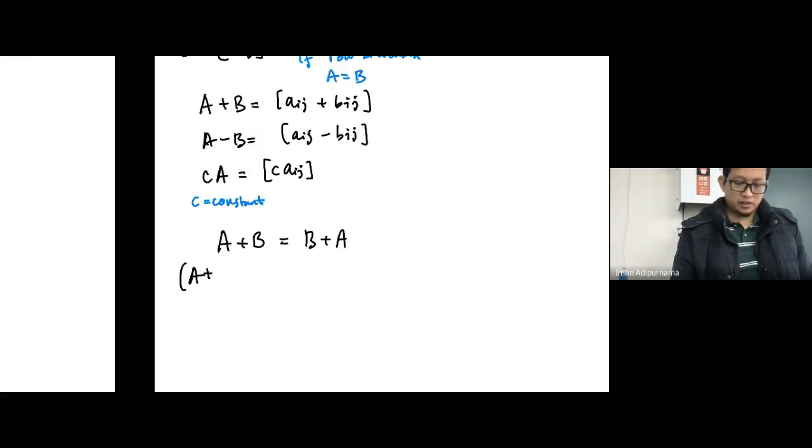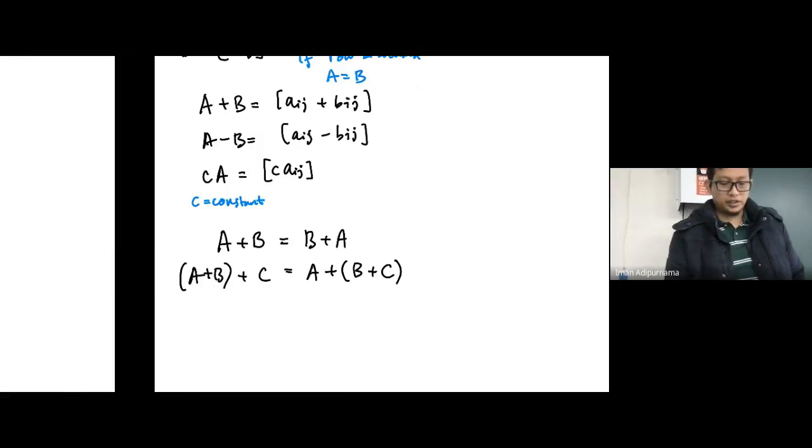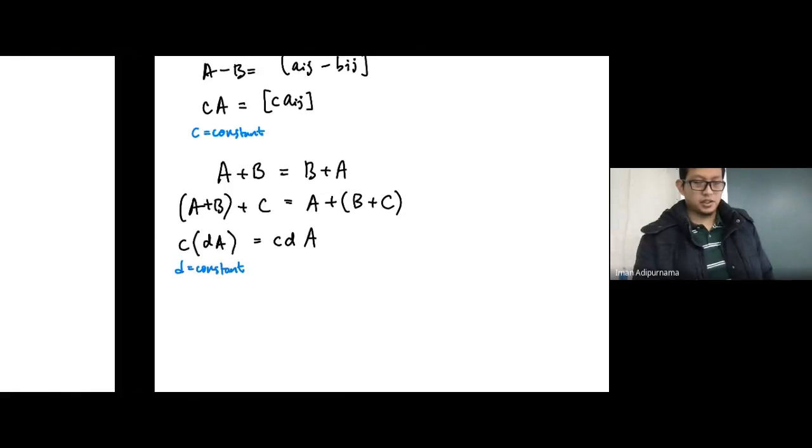And if you want to add A plus B and then add C, it's also the same as A plus B plus C. And if you multiply with several constants, for instance, C is a constant, D also a constant, then it's actually multiplying both of the scalars.